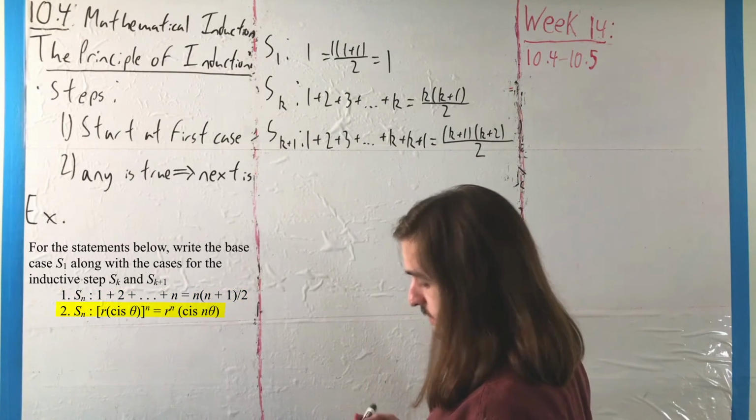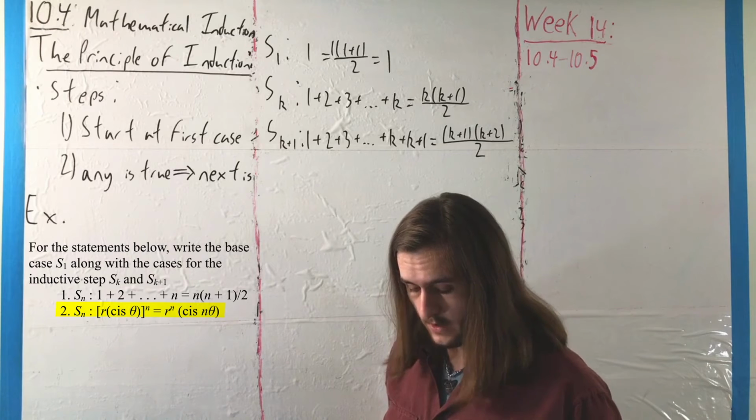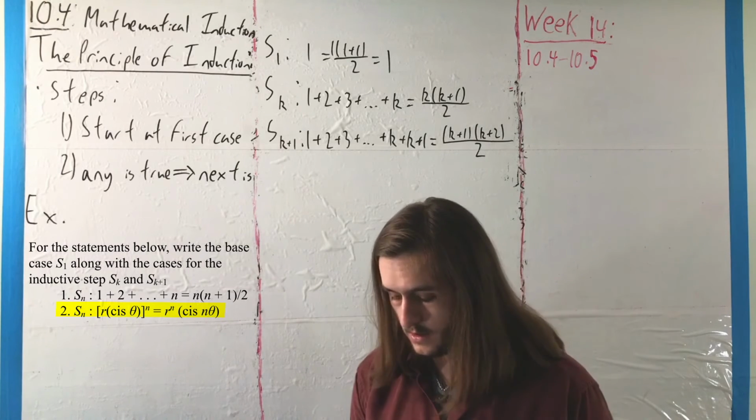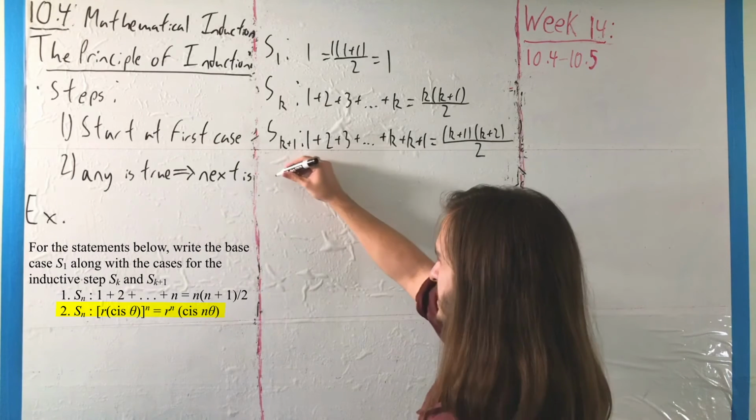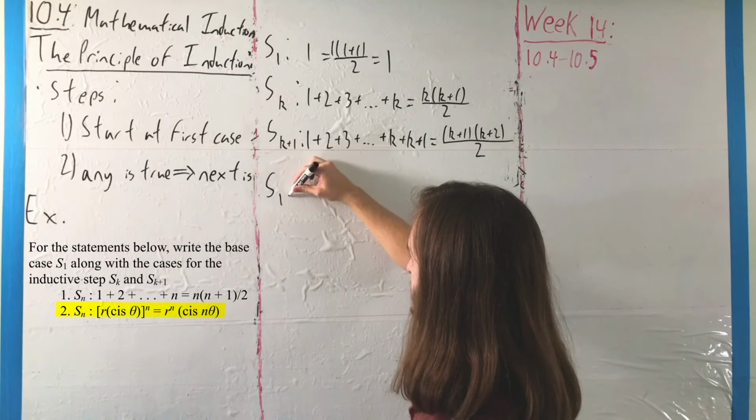For our second case, well, it works in essentially the same way. We're going to look at our values for S1, Sk, and Sk plus 1, where S1 is, again, a pretty basic statement, and it almost always is.